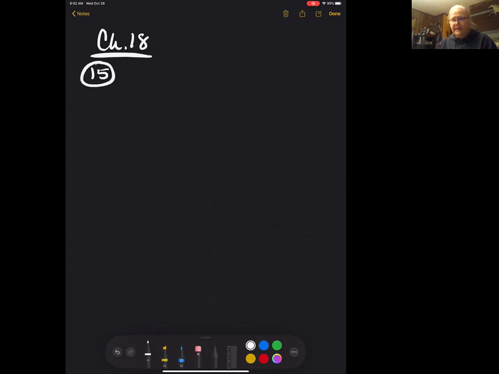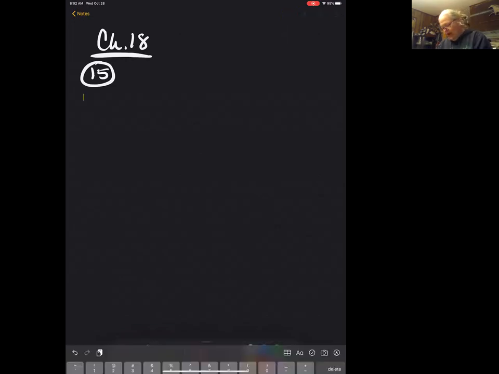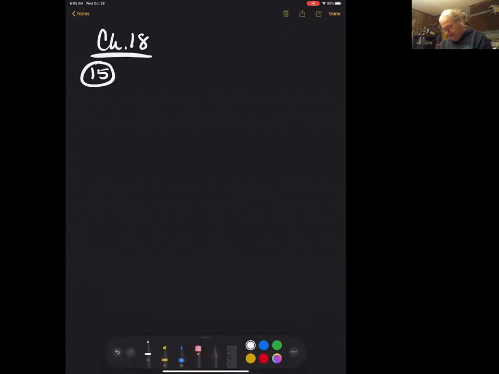Okay, in chapter 18, problem number 15, it says a 1 centimeter layer of water stands on a horizontal slab of glass. A light ray in the air is incident on the water 60 degrees from the normal. After entering the glass, what is the ray's angle from the normal? So we've got 3 layers here, okay? We've got a layer of air.